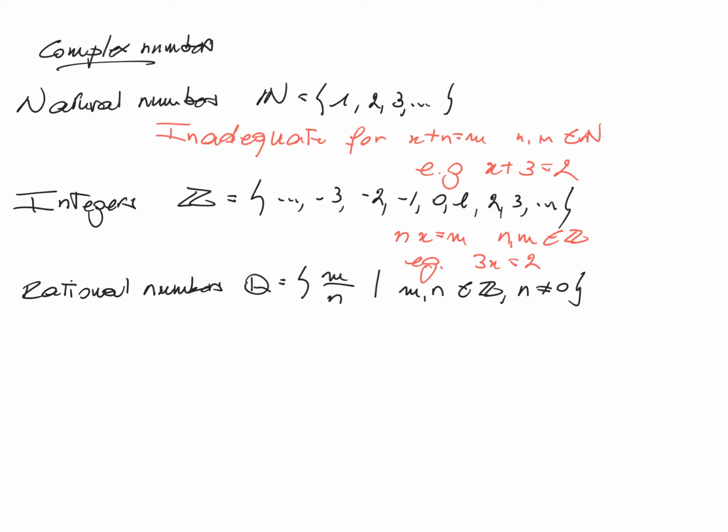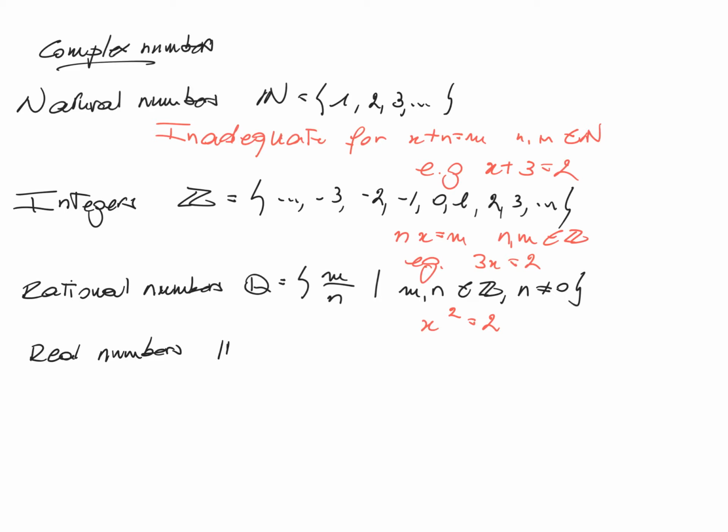So think, for example, of a quadratic equation, x squared equal to 2. The solution of x squared equal to 2 is the root of 2, which is not a rational number. It is a positive number, but it can never be expressed as a fraction m divided by n. And so mathematicians have added all those extra numbers, and they call those the real numbers.